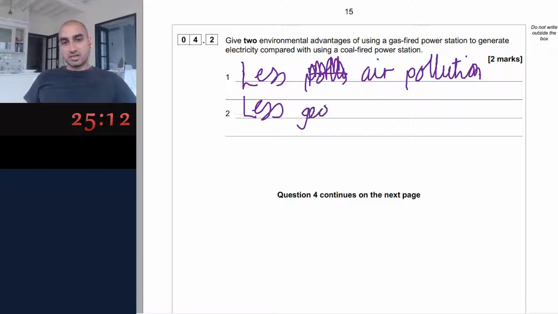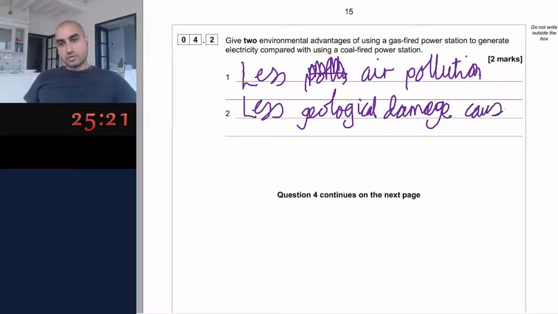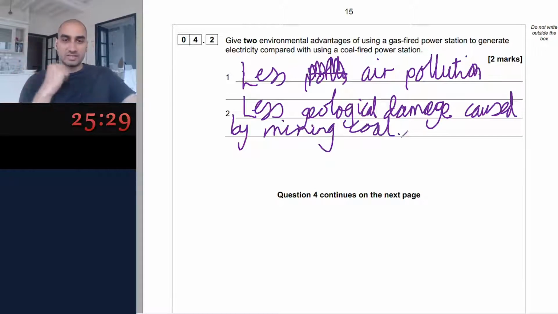Less geological damage caused by mining coal. Is that true? Yeah. But I don't know.